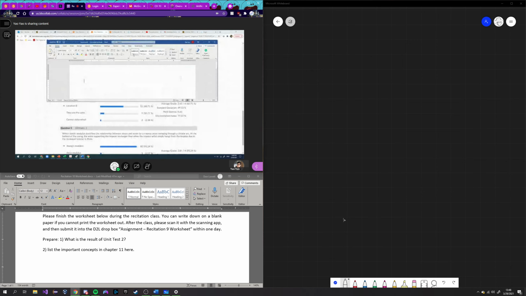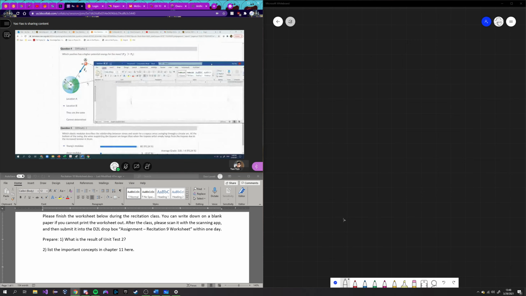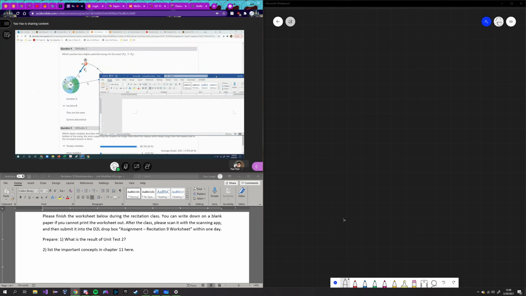Last week we discussed the universal gravitational force. In the past it equals mg, but last week you learned this equation. And after that, we also adjusted the equation for the gravitational potential energy, which is different from mgy.